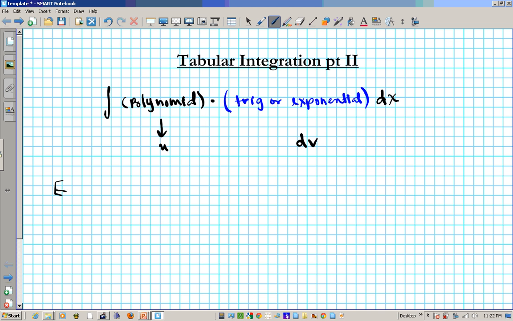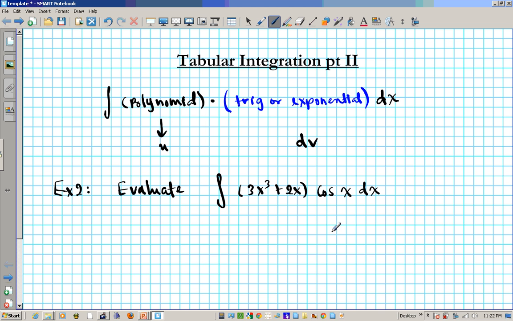So let's take a look at example 2. Hopefully this setup will help us easily identify u and dv. For example 2, we're going to evaluate the antiderivative of 3x to the third plus 2x, cosine x dx.